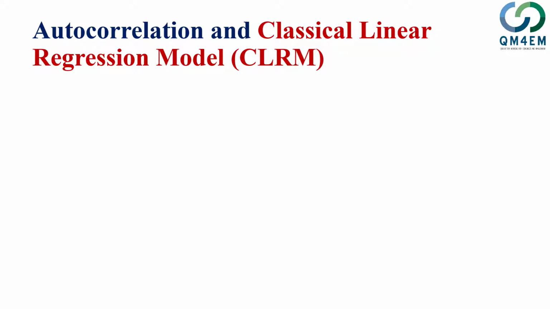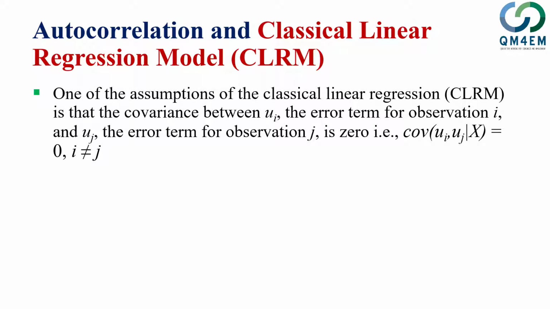So autocorrelation happens when there is a violation of the classical linear regression model assumption. One of the assumptions says that the errors of the observations, the successive error values, should not be correlated. However, when these successive values get correlated with one another, we say that it's a case of autocorrelation.